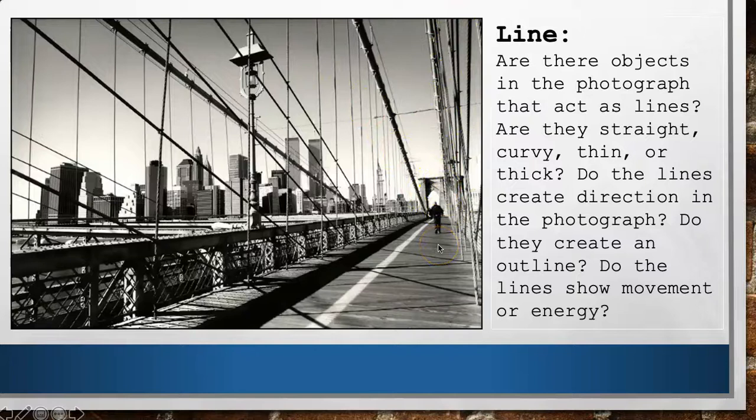So it makes it a very dynamic image, and it shows a real sense of energy as well, and with the movement, and then you've got the city in the background here, and that's got very straight lines. It's very ordered, almost looks like a little toy town.